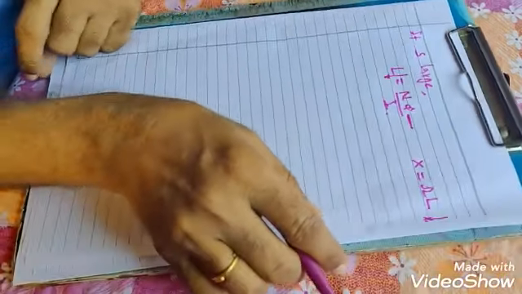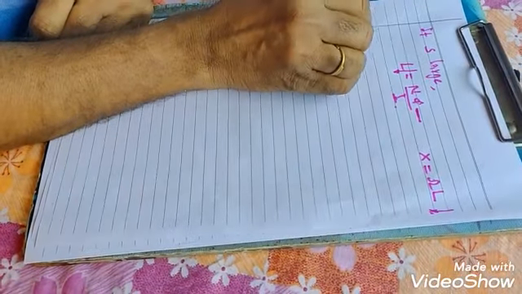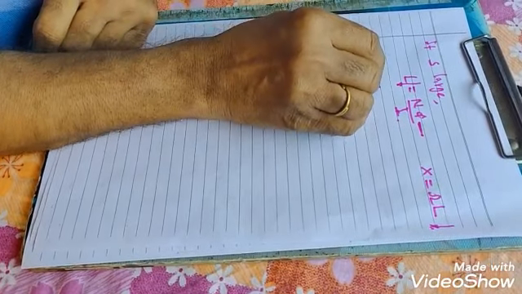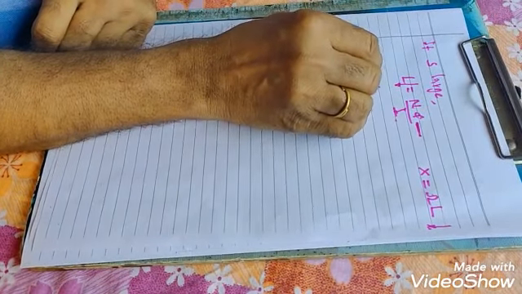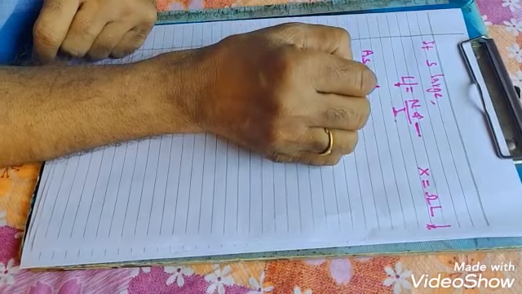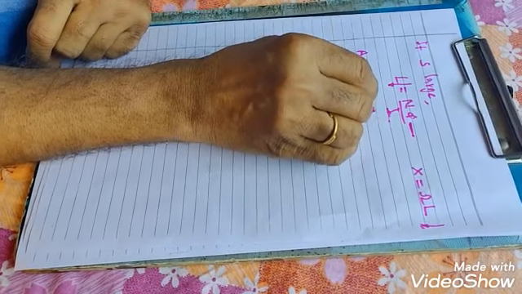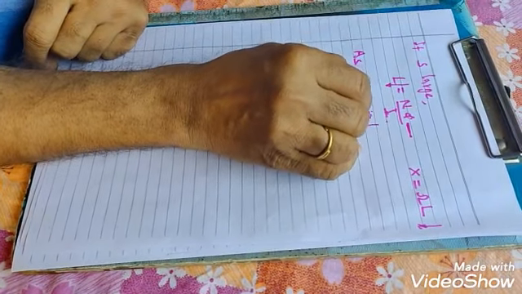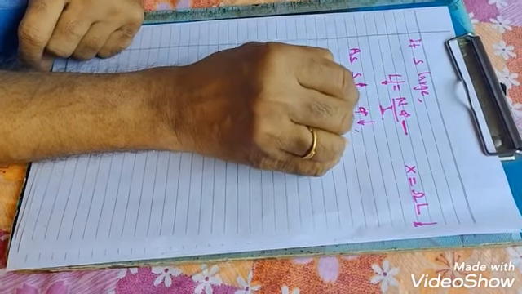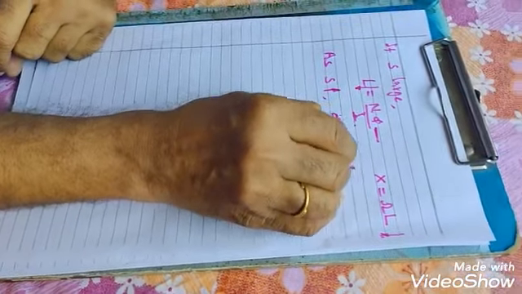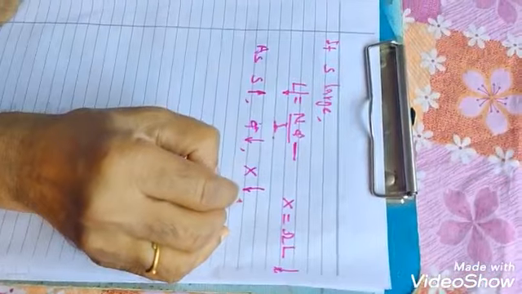So we can conclude that as the number of slots increases, leakage flux decreases, so leakage reactance decreases.